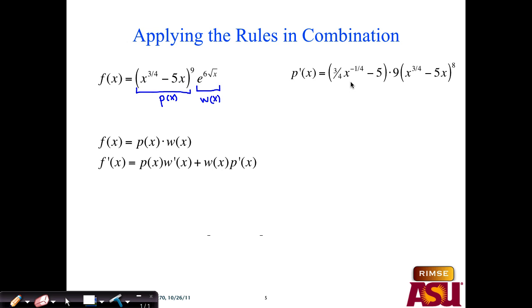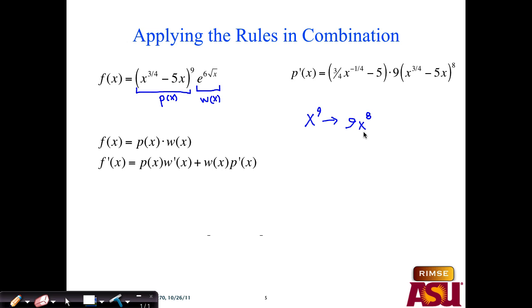Now, I just wanted to point out one of the common errors I see with chain rule, that pertains to power rule and chain rule. Often what I see instead of something like this is this derivative inside here to the 8th power. So make sure when you're doing derivatives, if you're taking a derivative of something like x to the 9th power, by the time you're done it's 9x to the 8th.